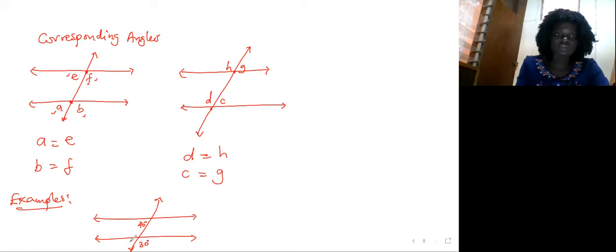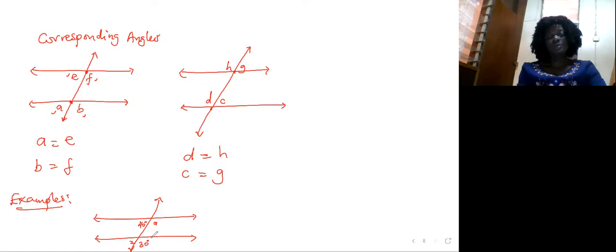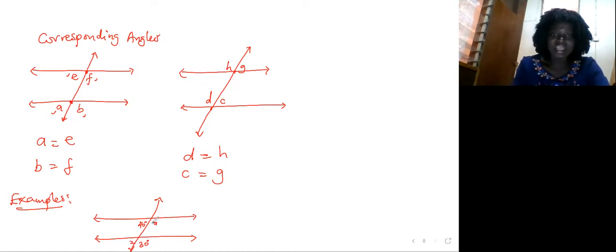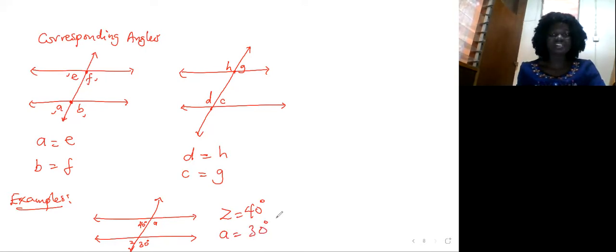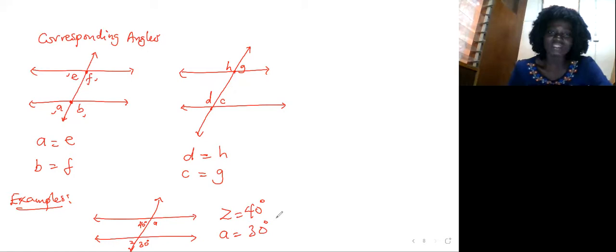And you have this side too. So we have A here, and we have Z. What will be the value for Z and the value for A? From our illustration, we can say that Z is equal to 40 degrees. Then A is equal to what? 30 degrees. I believe you've understood it.